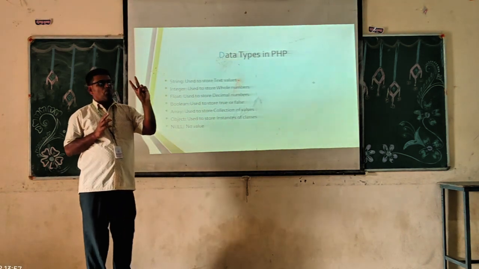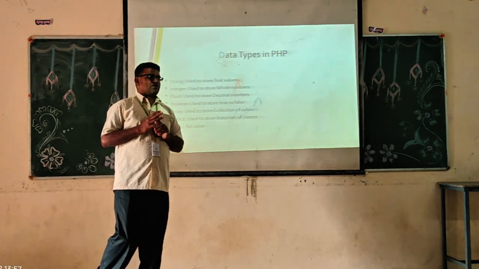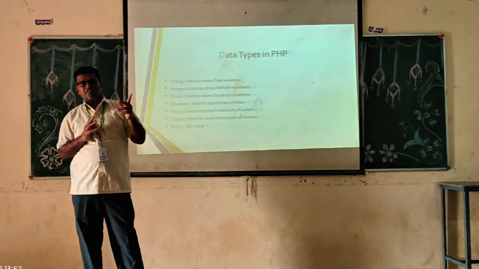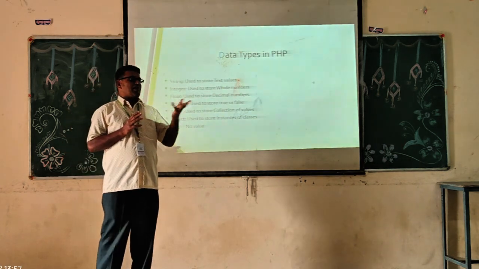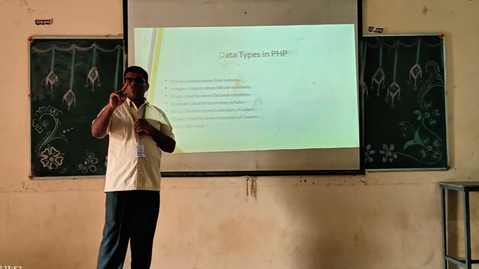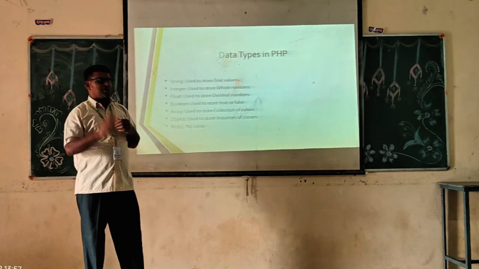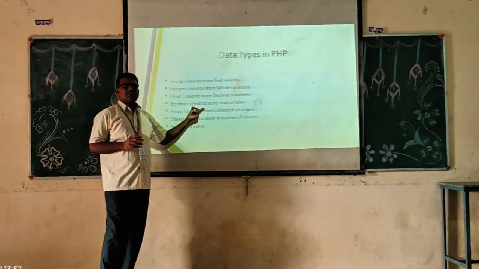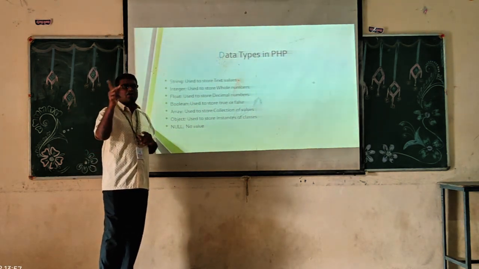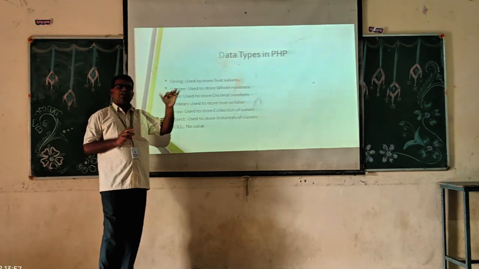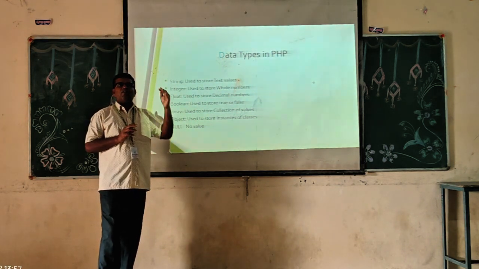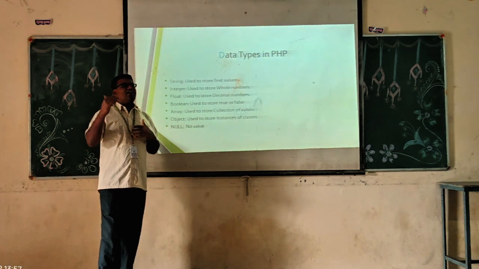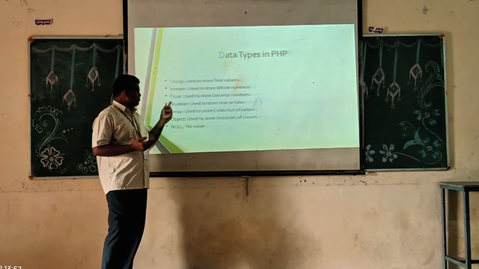Boolean means only two values, true or false, the binary values zeros and ones. Boolean results only in true or false. If the condition is true, the statement will be executed. False means it goes to the else part. That is the boolean data type.